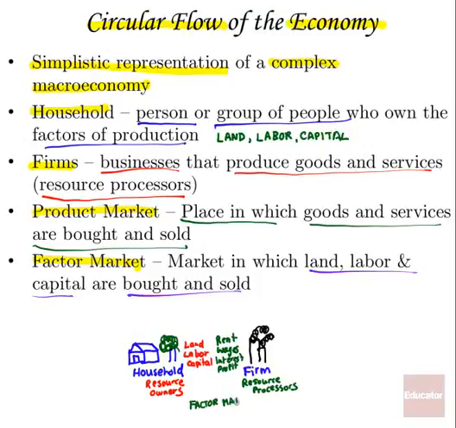In the factor market, in this circular flow diagram, you have a flow of goods here. So I'll just label this 1 right here and say households are going to supply land, labor, and capital.